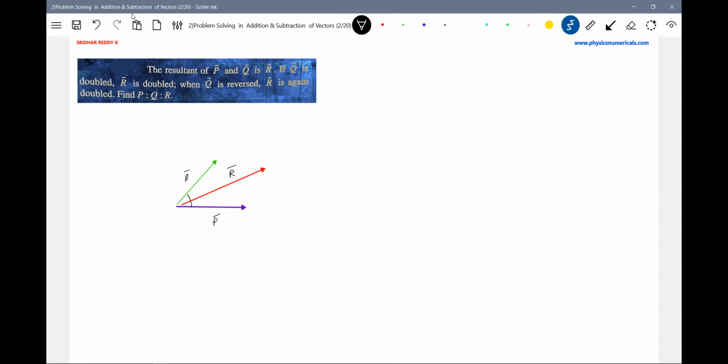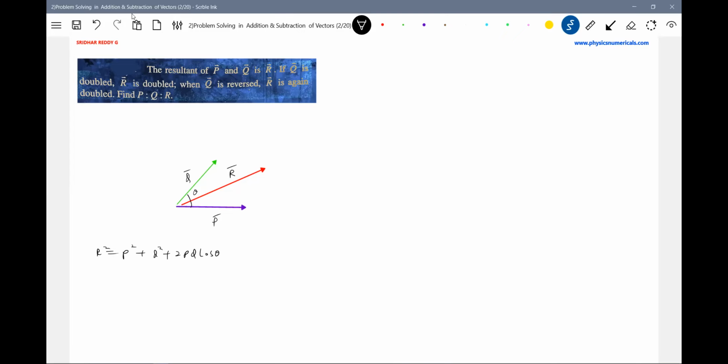The angle between these two vectors is theta. Let's do one thing. R square equals P square plus Q square plus 2PQ cos theta.